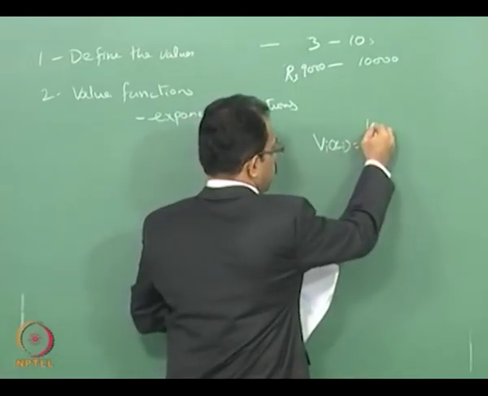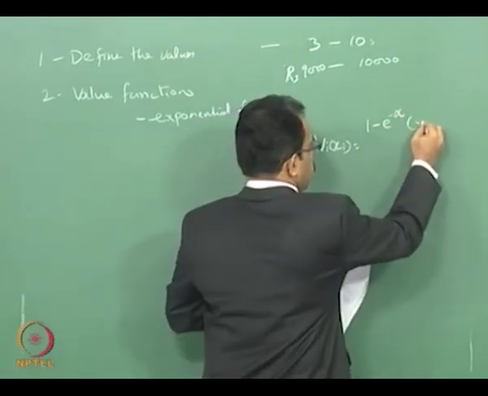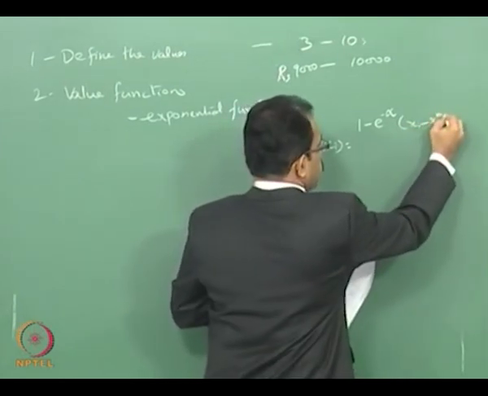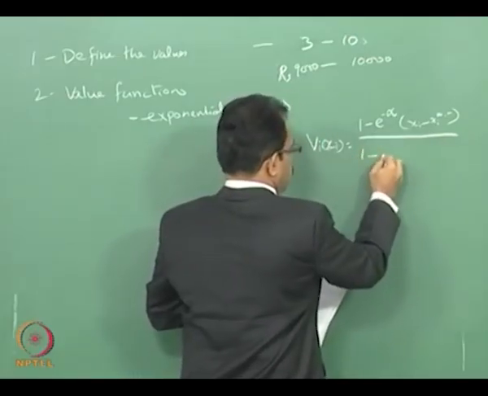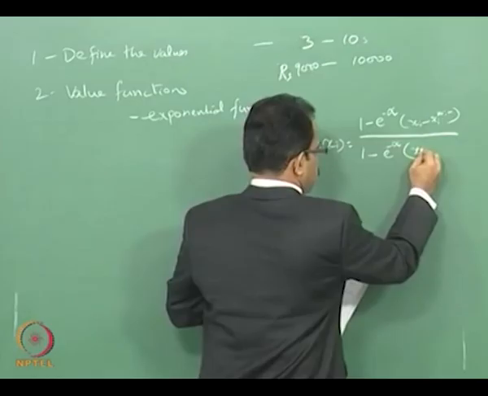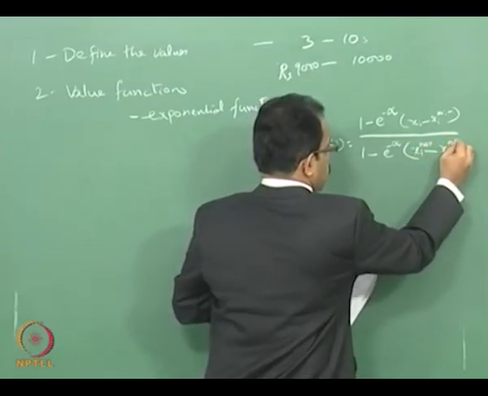Vi(xi) is given as 1 minus e to the power of minus alpha (xi minus xi minimum) divided by 1 minus e to the power of minus alpha (xi max minus xi minimum).